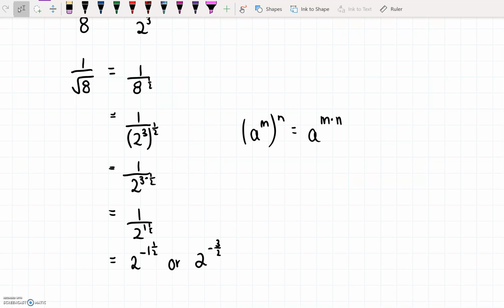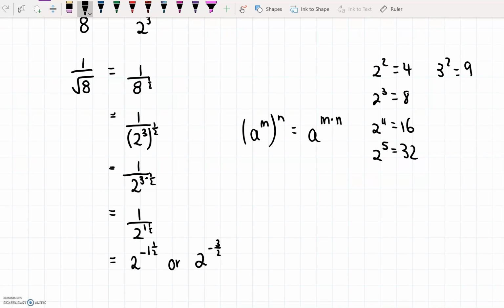Maybe make a list of your powers: 2 squared equals 4, 2 cubed equals 8, 2 to the power of 4 equals 16, 2 to the power of 5 equals 32, etc. You know that 3 squared equals 9, 3 cubed equals 27, 3 to the power of 4 equals 81, 3 to the power of 5 equals 243.